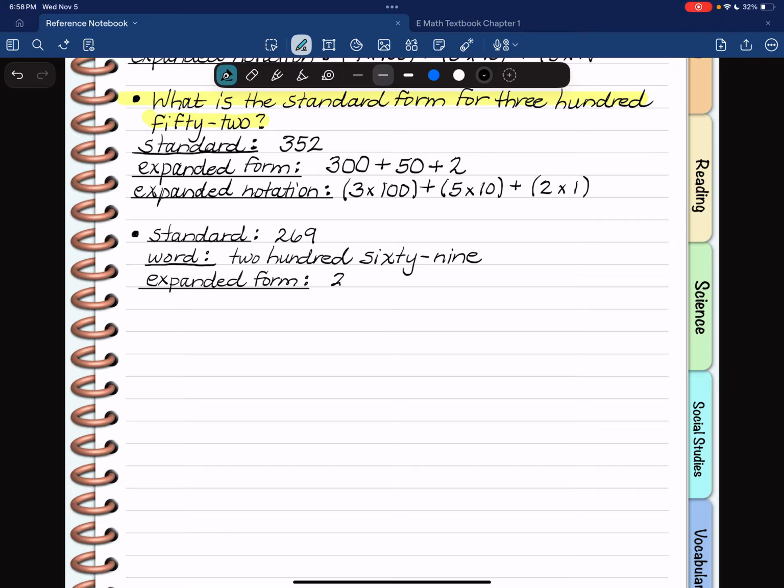So we have 2 flats, we have 6 rods, and we have 9 cubes. 269. Expanded notation. Think of this one as banknotes. Notation, banknotes.